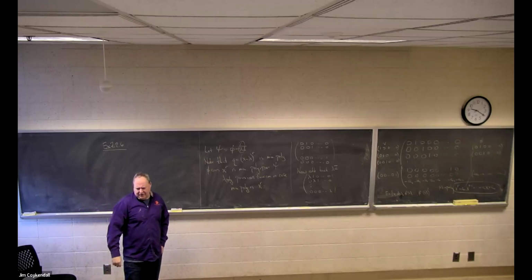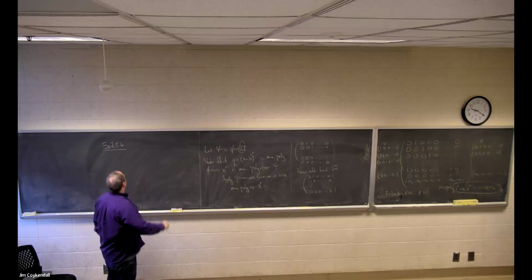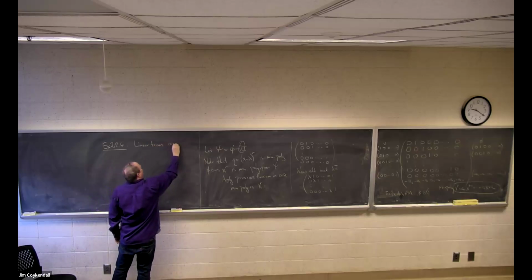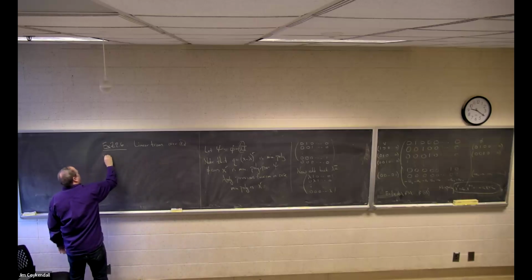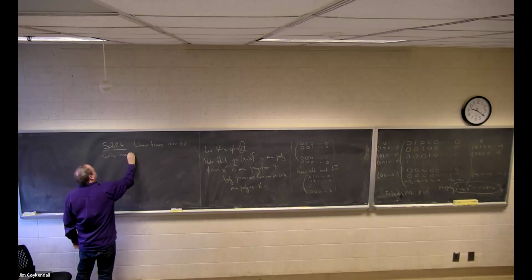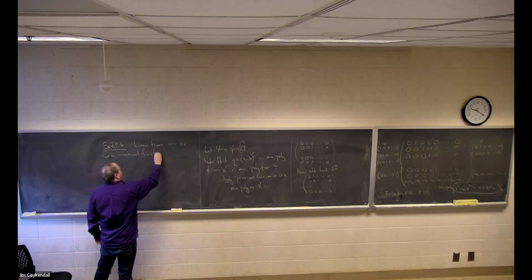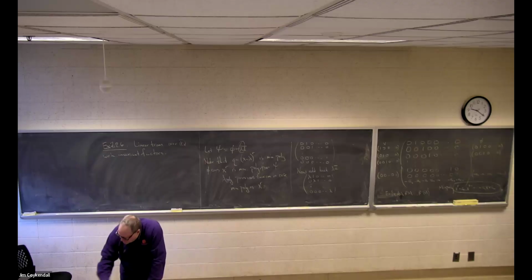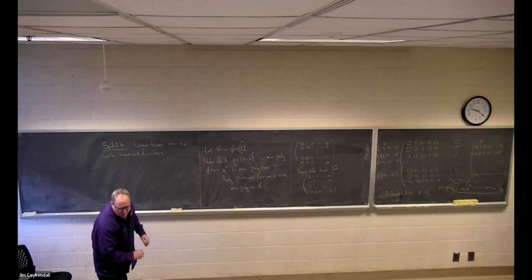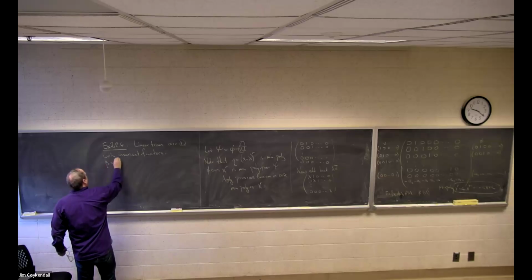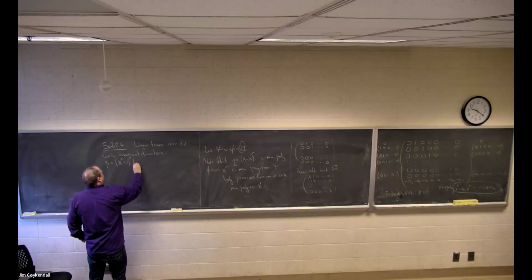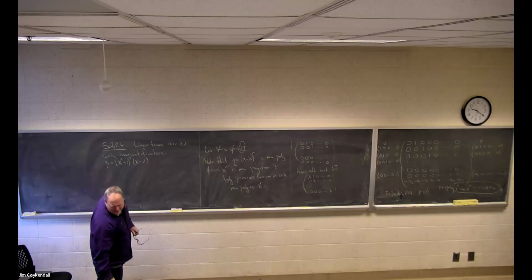Let's suppose, just for giggles, that we have a linear transformation over Q with invariant factors, let's call this Q1, x squared plus 1 squared times x minus 2 squared.